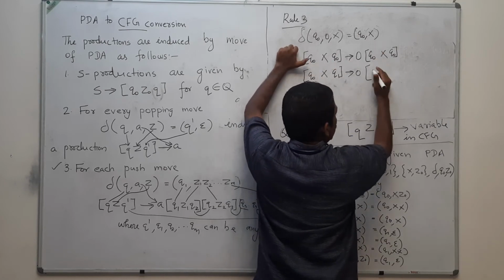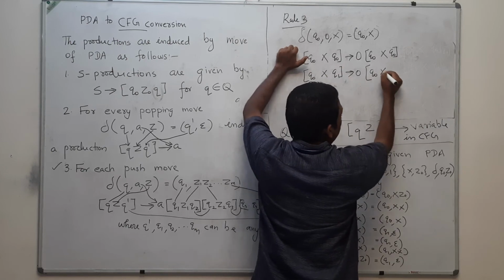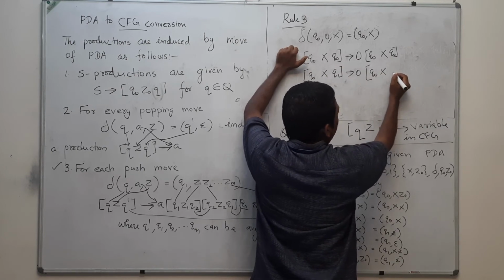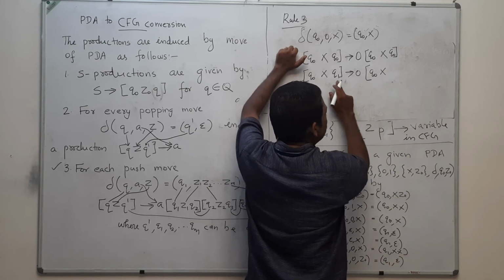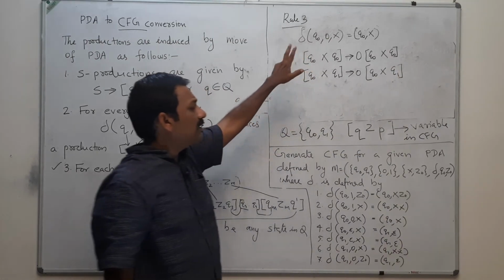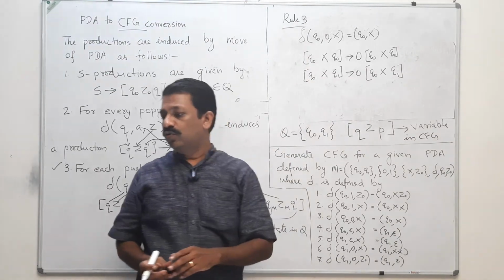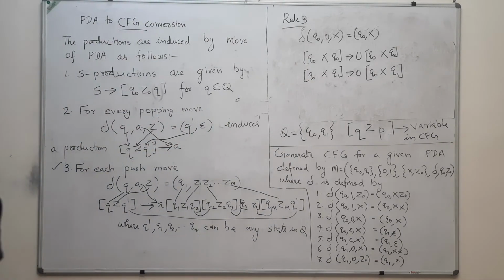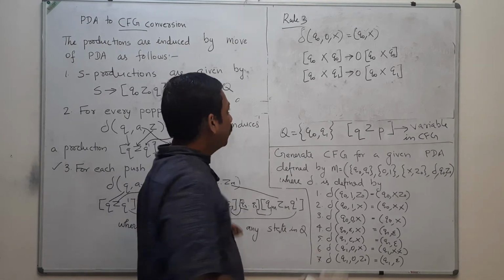That's why this Q0 you have to copy here, and from Q0 you have to reach Q1, here you have Q1. That means here we have only two productions. Now, next is 4.